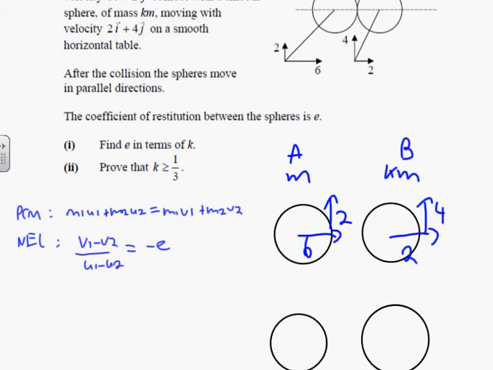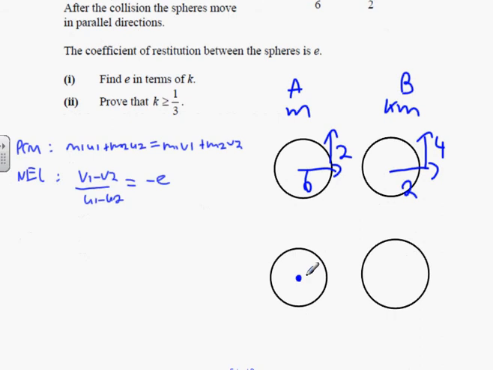Now, what happens at the end? What speed is preserved in the collision, guys? Vertical speed is preserved, okay? Now, 2 and 4. Parallel lines just means that the ratio is the same.